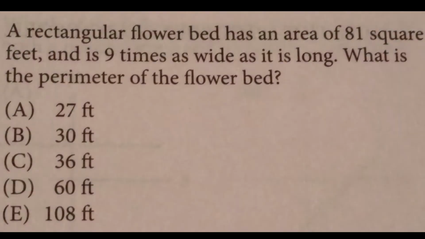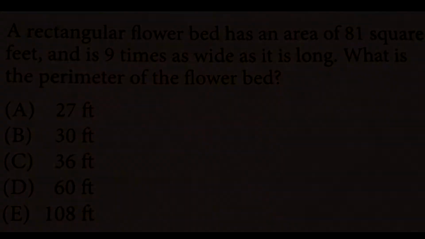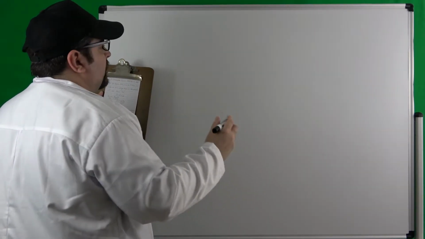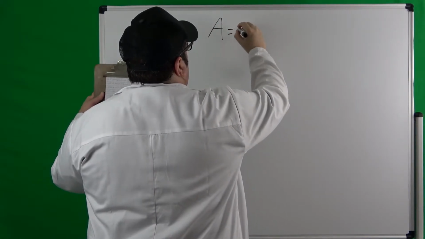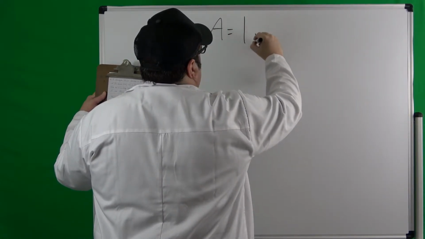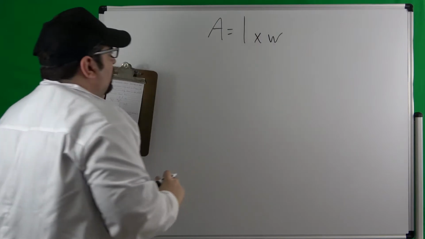A rectangular flower bed has an area of 81 square feet and is 9 times as wide as it is long. What is the perimeter of the flower bed? Of course, as we all know, area of a rectangle equals length times the width.